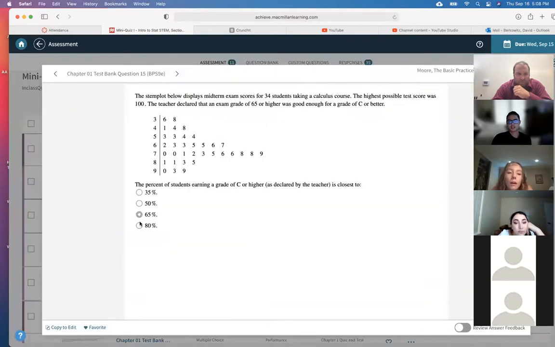So the next one, the stem plot below displays midterm exam scores for 34 students taking a calculus course. The percent of students earning a grade of C or higher. Well, a C is 65 or higher, correct?